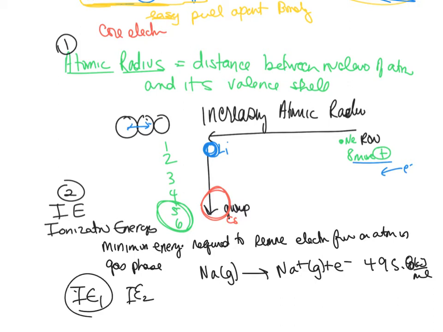The first ionization is that first outer electron. IE2 would be the second removal of the loosely held electron. Now, in general, if effective nuclear charge increases, ionization will also increase. So it increases when you go from left to right across a period.